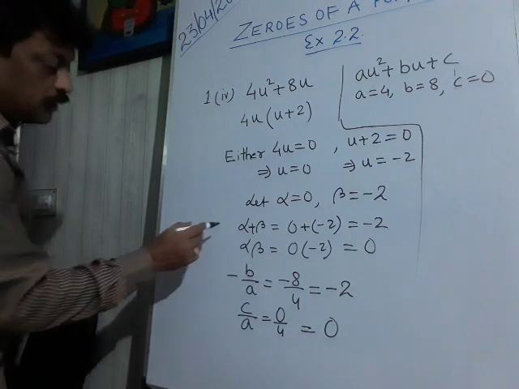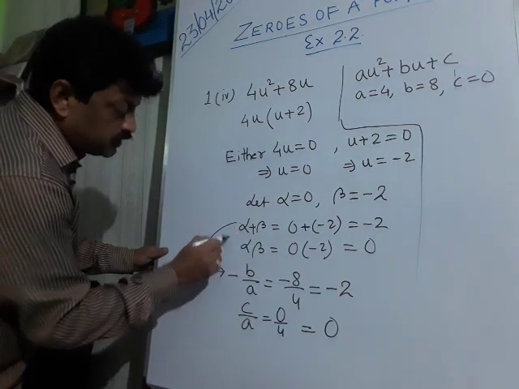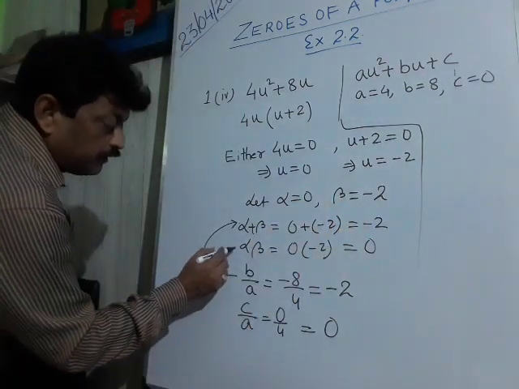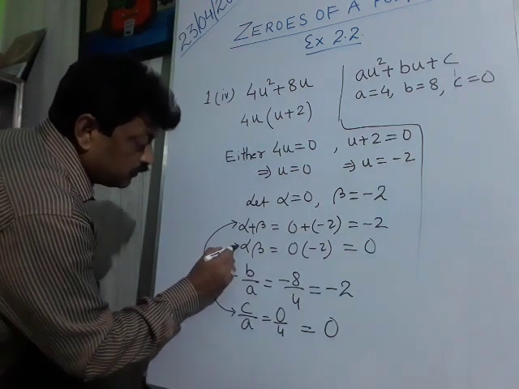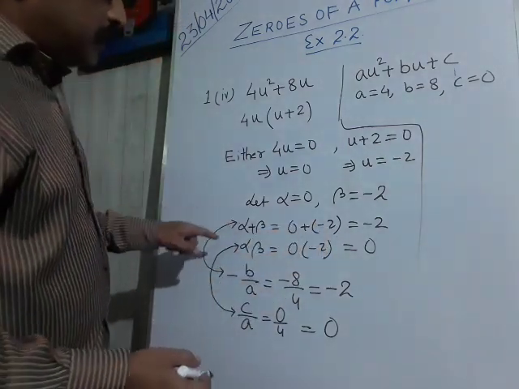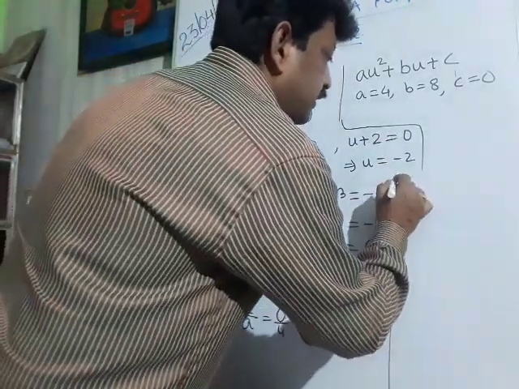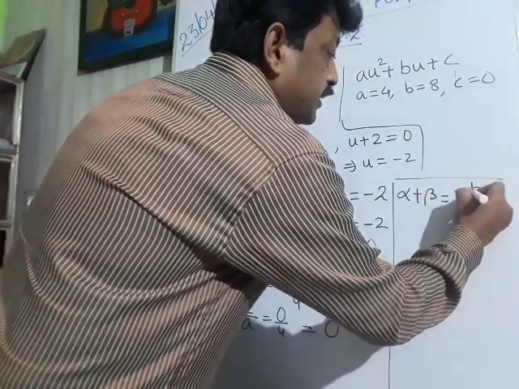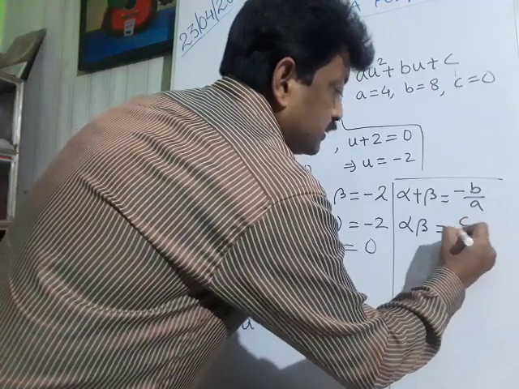Now see this, alpha plus beta, that is sum of the zeros, is equal to minus b by a. They both are matching. Similarly, alpha into beta and c by a, these two are also matching. So we can say that alpha plus beta is equal to minus b by a, and alpha into beta is equal to c by a.